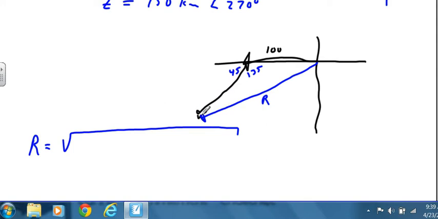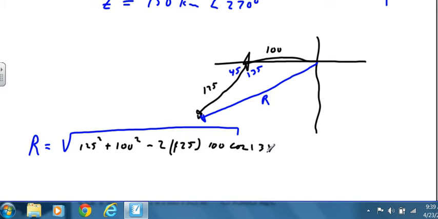I want to keep that. So I got 125 squared plus 100 squared minus 2 times 125 times 100 times the cosine of 135.